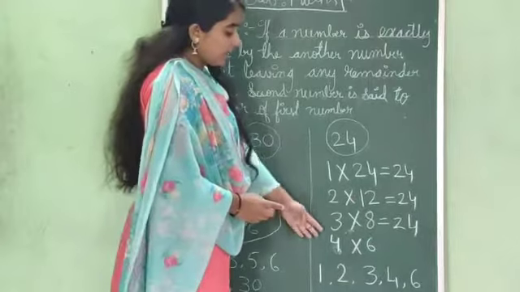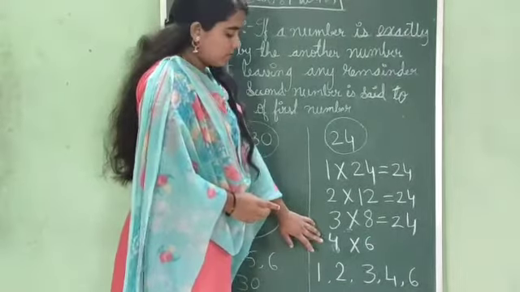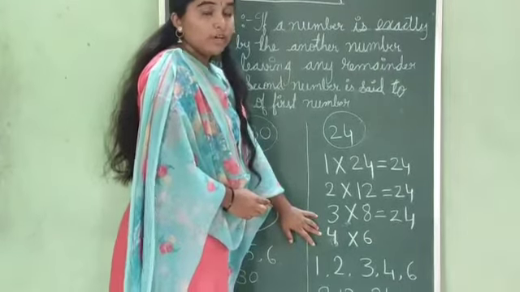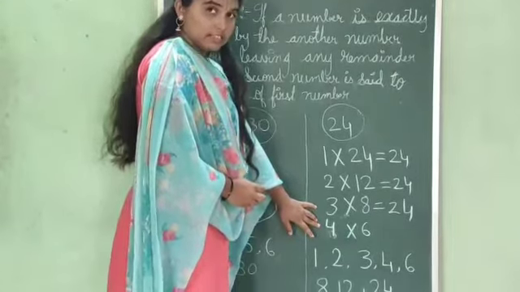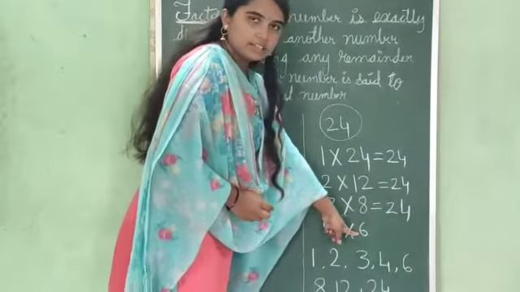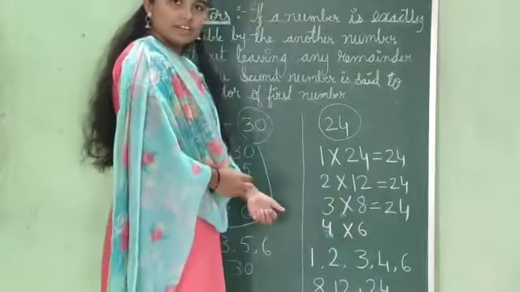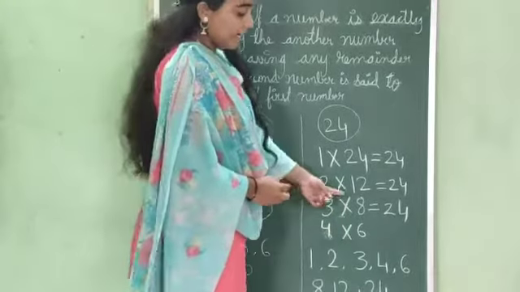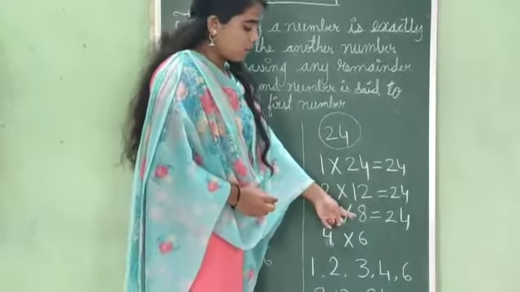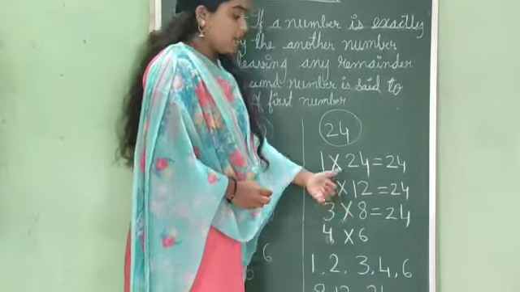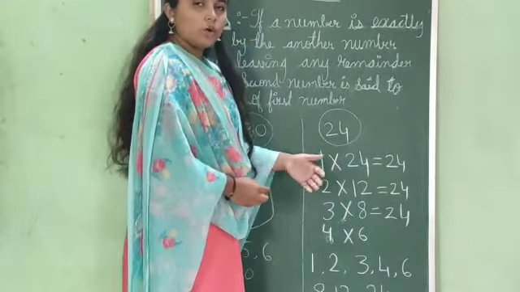Then in any other table will it come? In 5 table, no. In 6 table, yes, I have already written 6. In 7 table, no. Then in 8 table it will come, and I have already written 8. Then 9, like this you should go on counting.